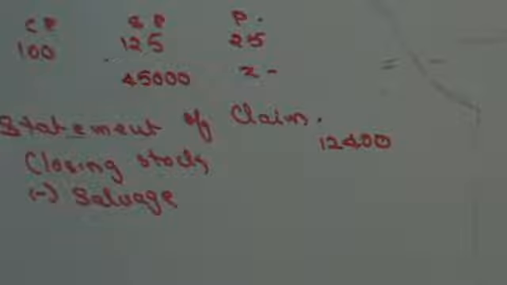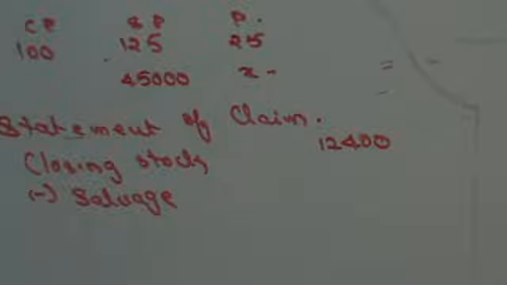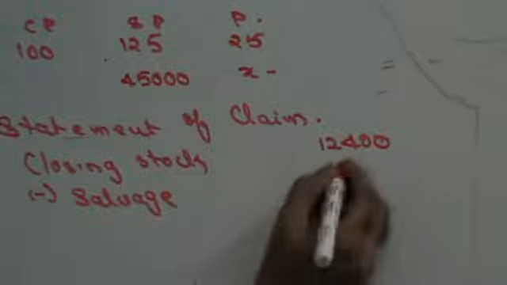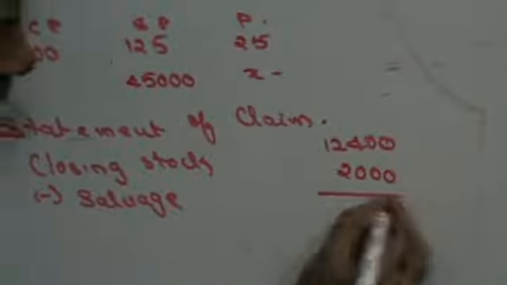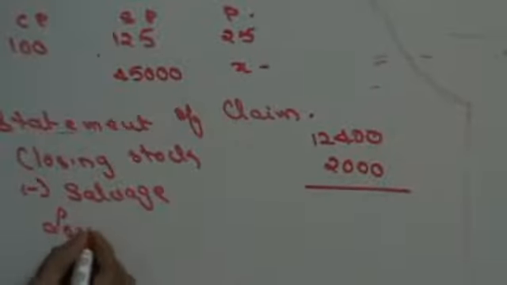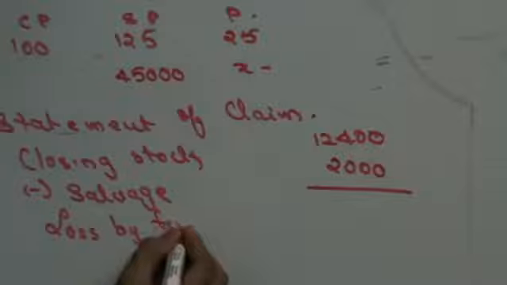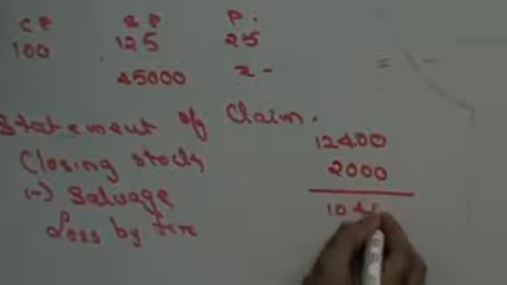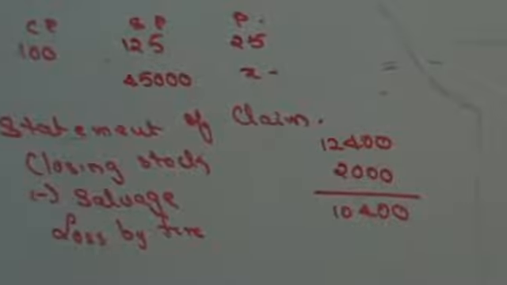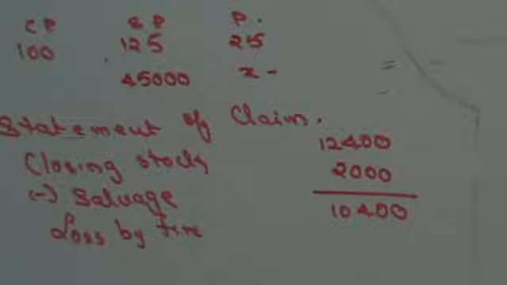Salvage is given to you, right in the beginning they said that stock having a cost of 2,000 was salvage. So in that case, my loss by fire is going to be 10,400. We have firefighting expenses also, which I'll be using once I calculate the claim, right?